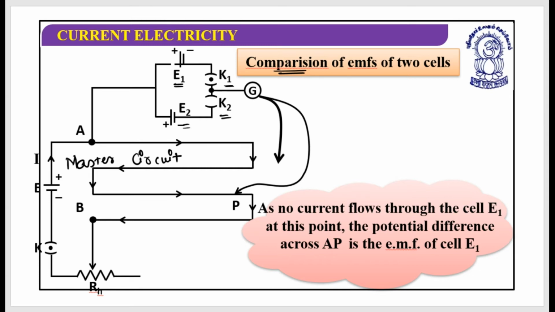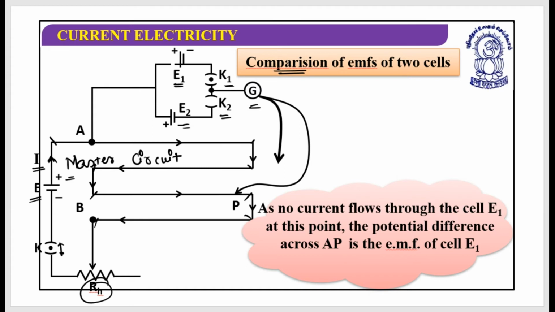Now if you understand the situation carefully, suppose this is the galvanometer and this is the master cell. When this key is closed, current passes through this path. The total current I moves from here onwards.